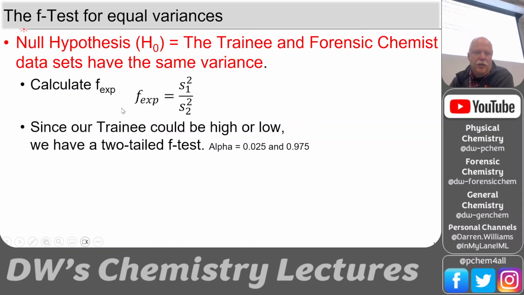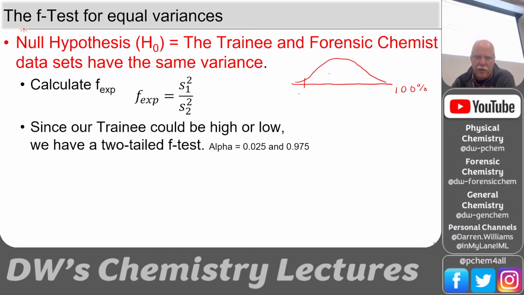Okay. Since our trainee could be high or low, depending upon which one you put on top, we have a two-tailed F test. So we have two alphas. We have 0.025 and 0.975. Think about that. If you've got your Gaussian curve, and this is 100%, right?